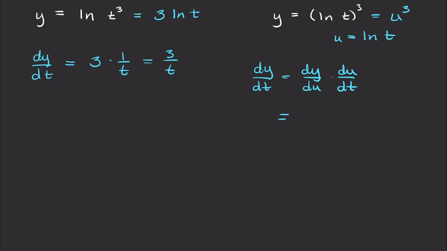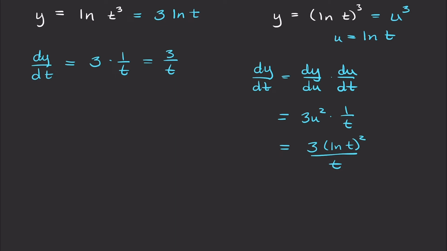And so dy/du will just be 3u squared times du/dt, the natural log of t, that's just 1 over t. And then when I plug back in for my u squared, I get 3 times the natural log of t, all squared, over t.